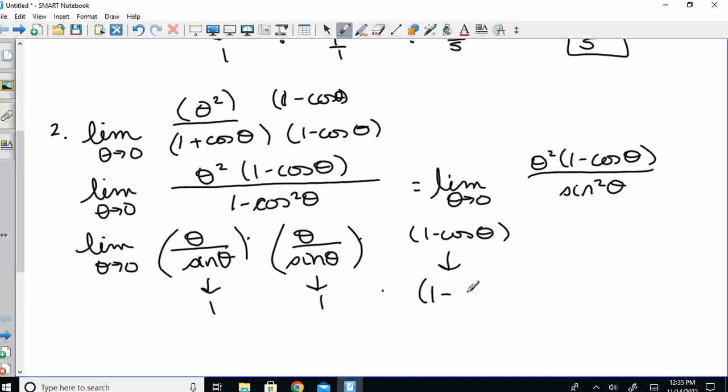And what is 1 minus, what's the cosine of 0? So this whole thing turns into 0 anyway. All right, so that's a couple limit problems. Are those okay?